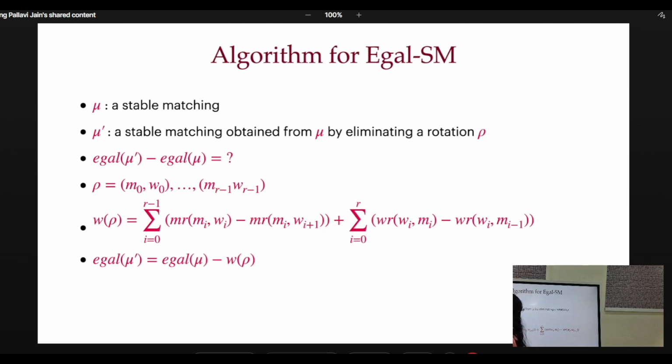Indeed, but why do we have minus and not plus, for example? I'm assuming that the rotation before it was causing an increase, so doing minus would provide a better egalitarian value. Okay, let's look at an example.